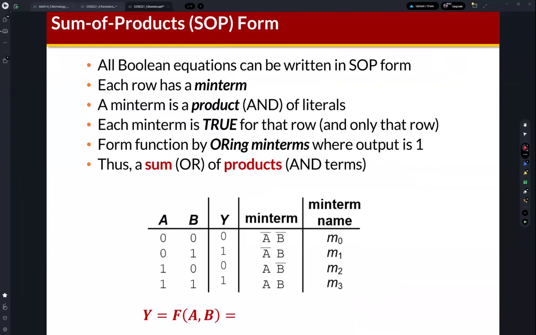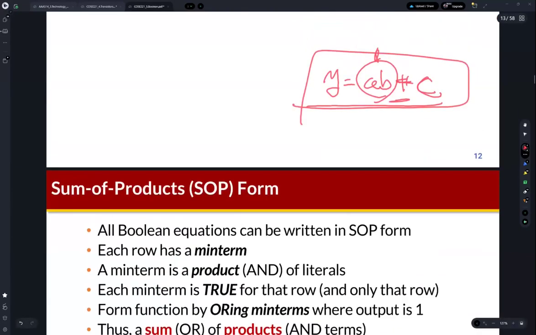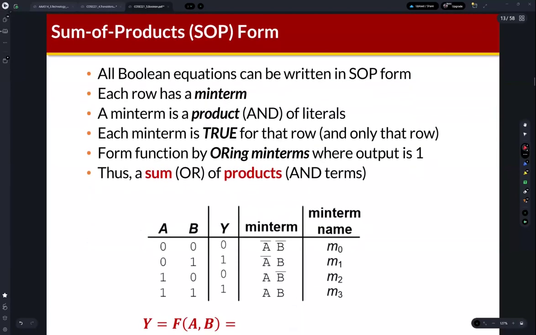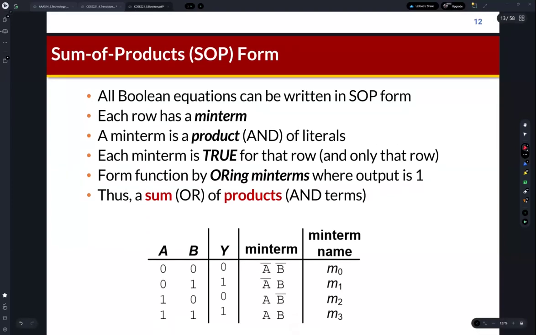Okay, so another terminology. We can represent a Boolean equation using two different types of forms. The first type is a sum of products, called the SOP form.